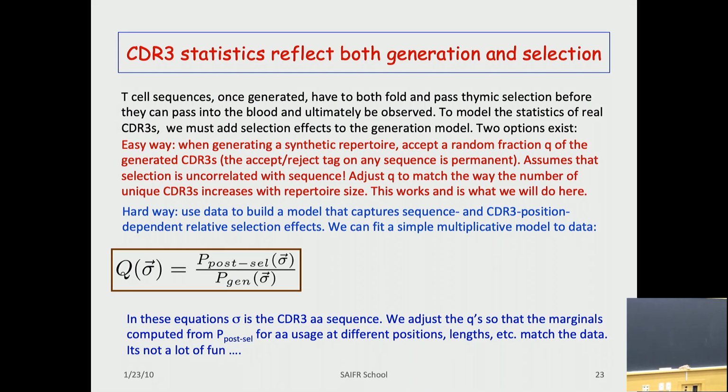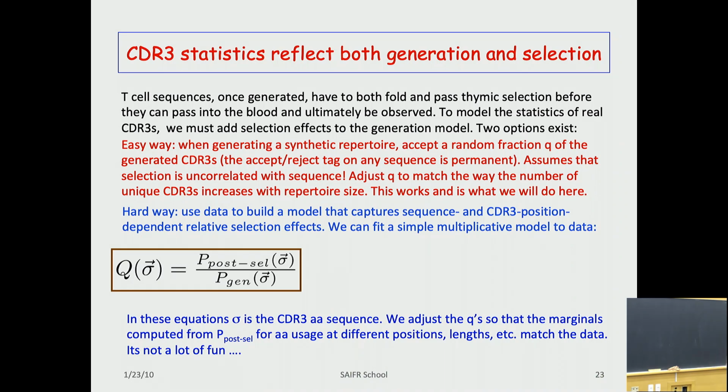When selection comes into the game, it's much more complicated. We don't know. So you have to make a model, and you could make a model and then see whether it works. And the thing that we have tried and does seem to work in a significant way is essentially to imagine that the probability that a sequence gets selected once it's generated is basically a product of factors that reflect what is the amino acid sequence at different positions within the CDR3.